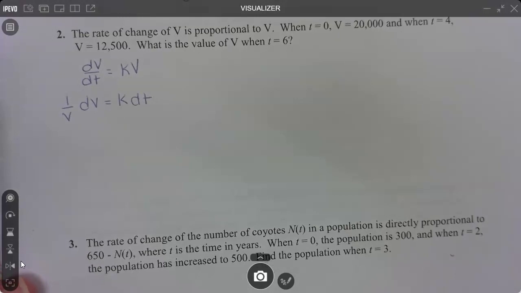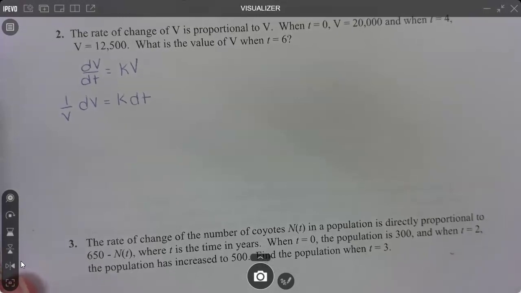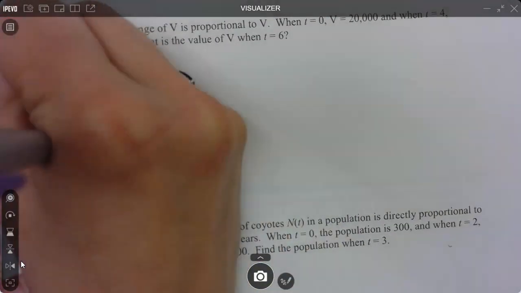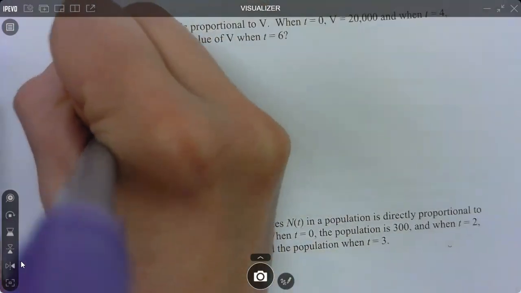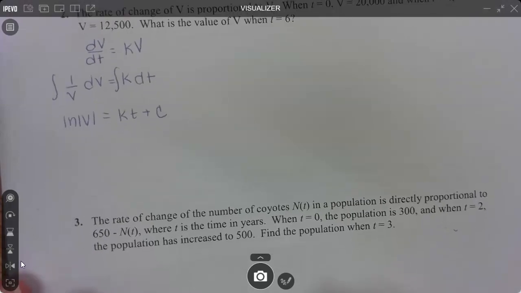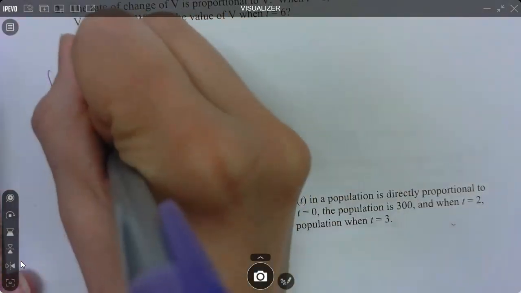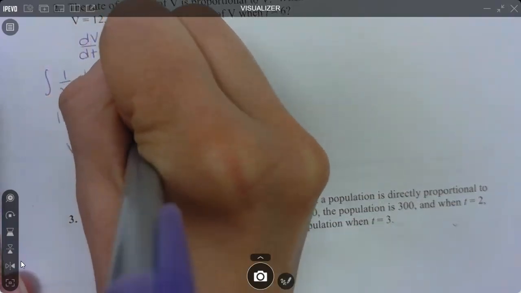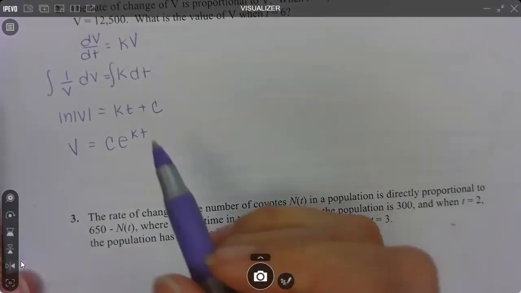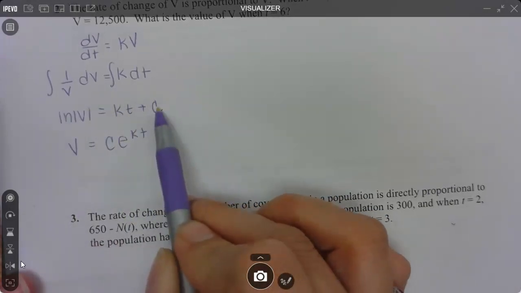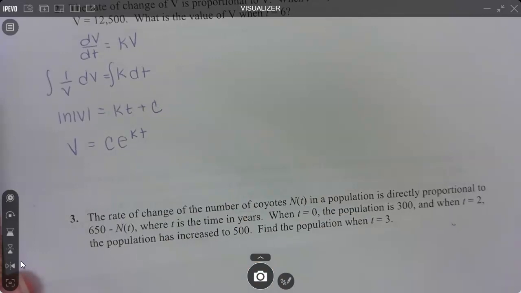So you get 1 over V dV equals K dt. Giving ln V equals KT plus C. Giving capital V equals CE to the KT. Because again, anytime you E both sides, that plus C can come down as the constant.